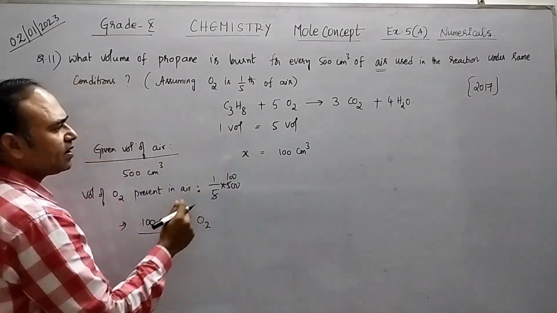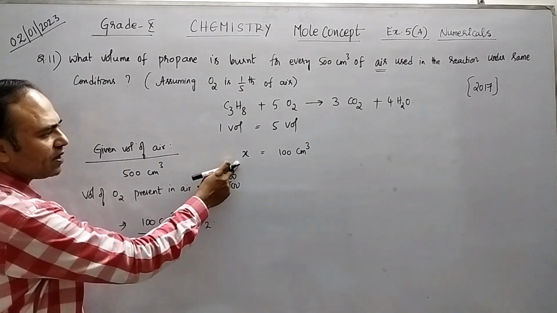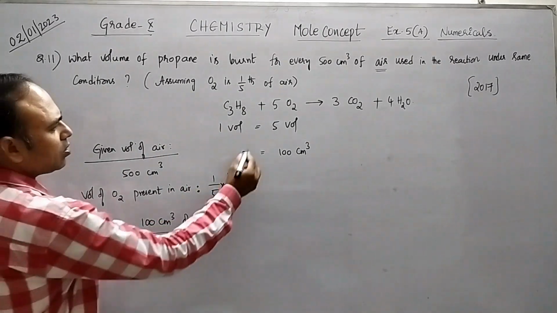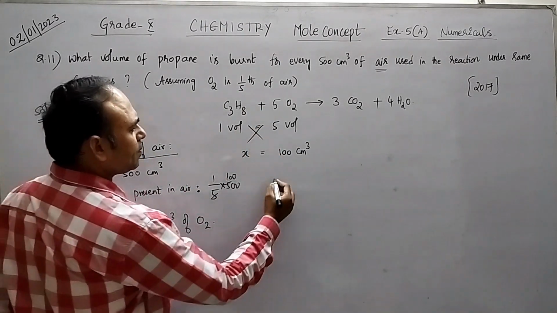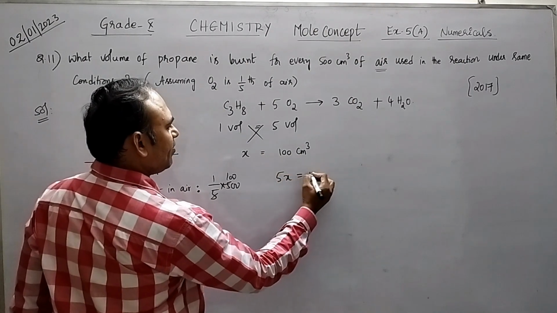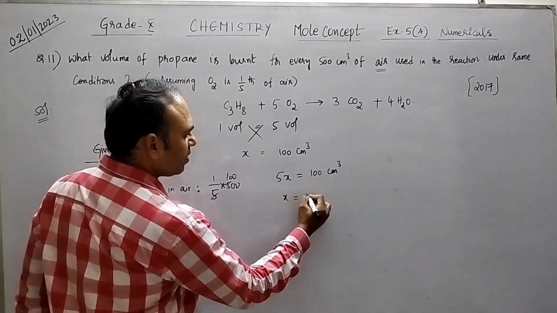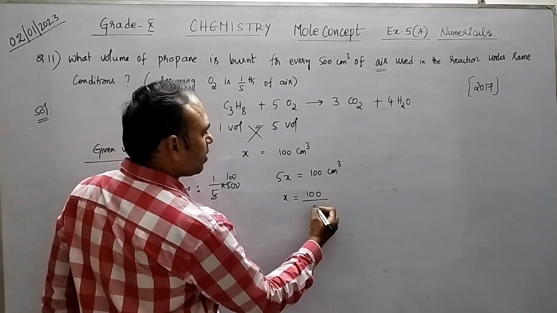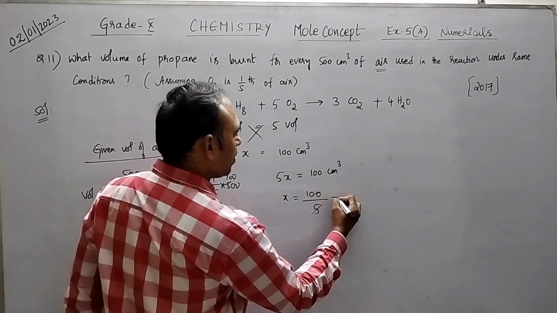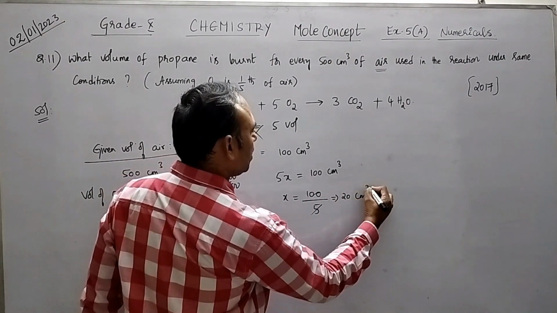Therefore take it as X. We want to calculate propane, hence we wrote it as X here. On cross multiplication, we get 5x is equal to 100 centimeter cube. Therefore X is equal to 100 by 5, nothing but 20 centimeter cube.